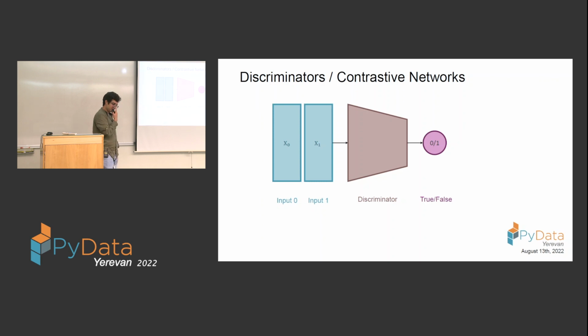Good. If I go one step further, there is something called a discriminator, or contrastive learning, or contrastive networks, which can tell you whether the input image is real or fake.